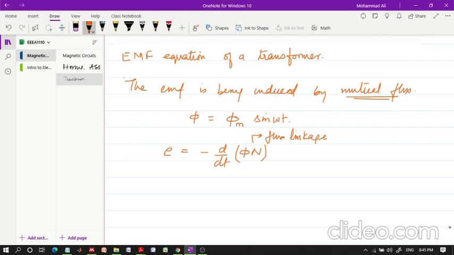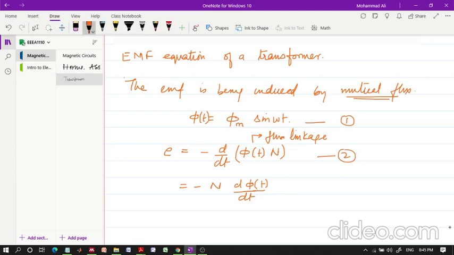So I can write it like this, minus, because the number of turns is constant, n d phi by dt. I'm just writing right now like this, phi t. This phi is the flux that is a function of time. Let us replace this by its actual value. Let this be equation number 1 and number 2.